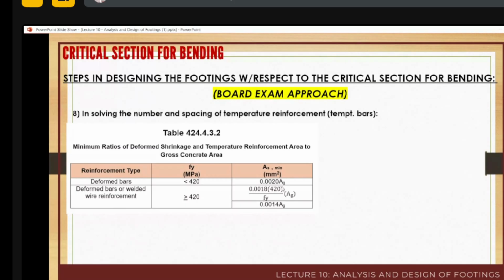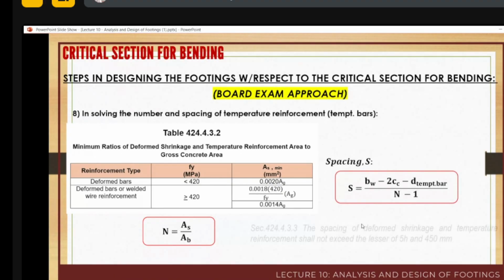For deformed bars or welded wire reinforcement with Fy greater than or equal to 420, you can use the formula 0.0018 times 420 over Fy times the gross area of the concrete. And the minimum is equal to 0.0014 of the gross area of the concrete.